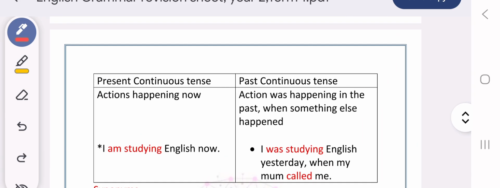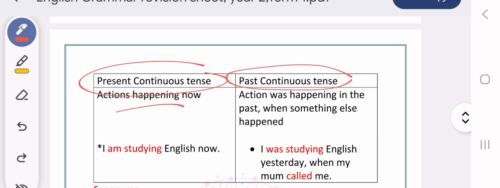But teacher, what is the difference between present continuous and past continuous? Present continuous means an action happening just right now, and I didn't finish yet. So I will say I'm studying English now. Past continuous means something happened in the past, but there is something else that happened for a short time, while I didn't finish the other one.